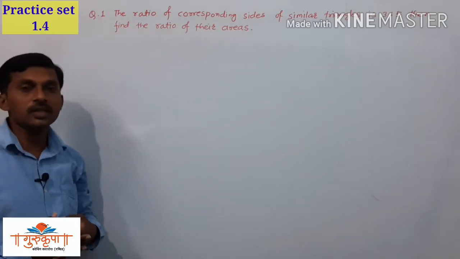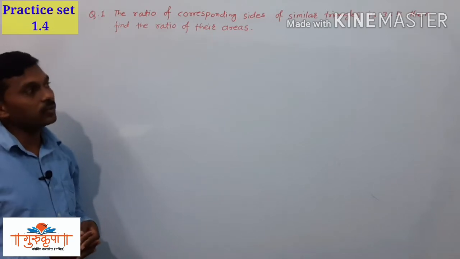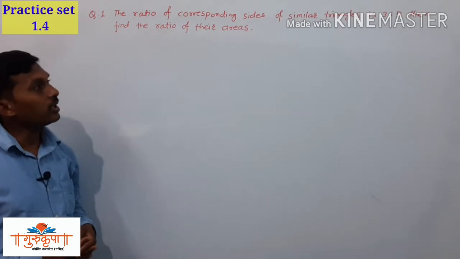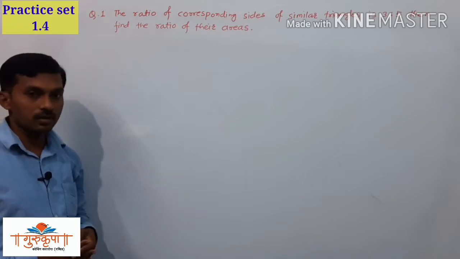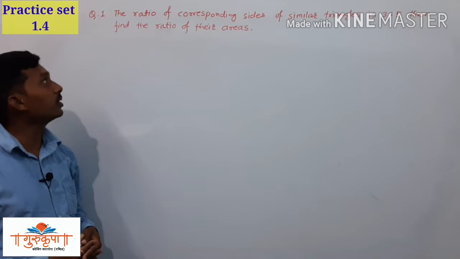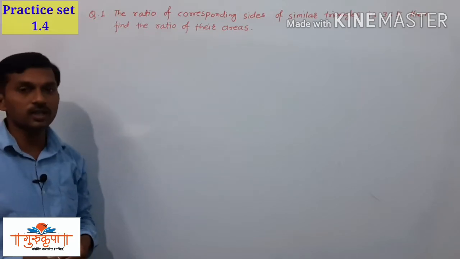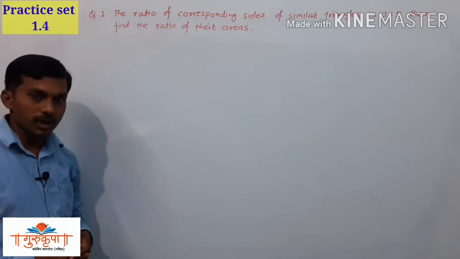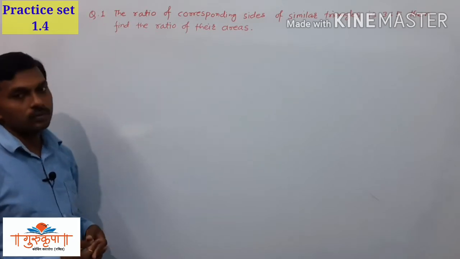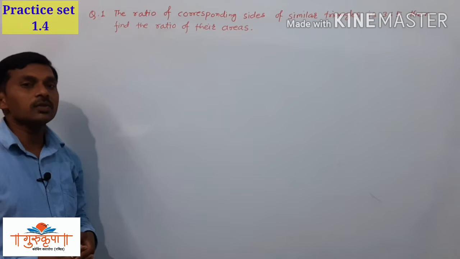The two triangles are similar to each other, that is given information, and it is given that the ratio of the corresponding sides is 3:5. Then find the ratio of their areas. As all of you know, we use the theorem of the areas of two similar triangles.